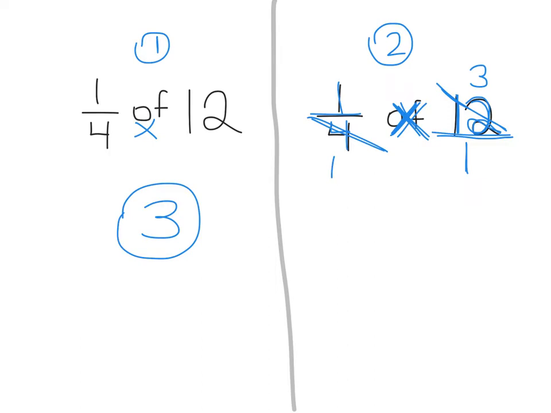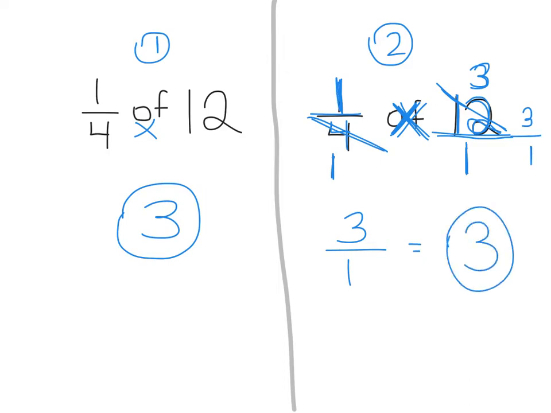And now I can multiply the numerators, so I'm going to multiply 1 times 3, which is 3, and multiply the denominators, 1 times 1, which is 1, and my answer is 3 over 1, which is equivalent to 3. 3 over 1 is equivalent to 3 because the fraction bar means divide, and so 3 divided by 1 is equal to 3. I got 3 both ways, and you can solve it either way.